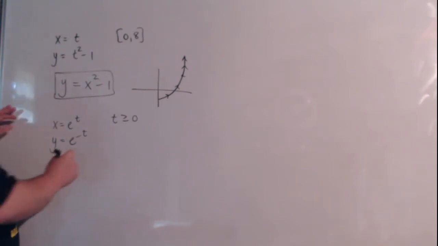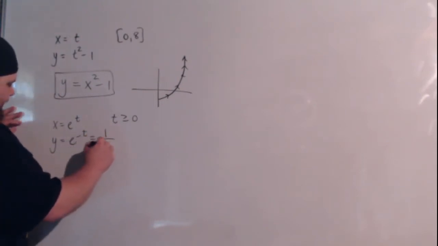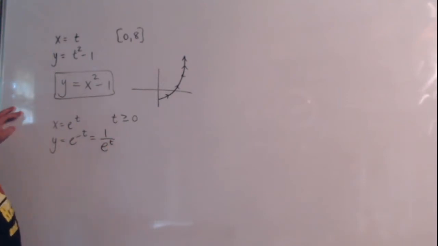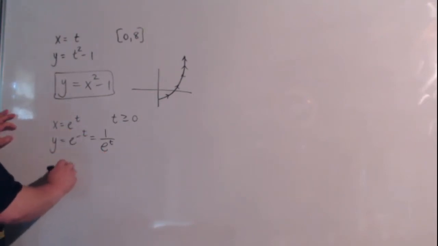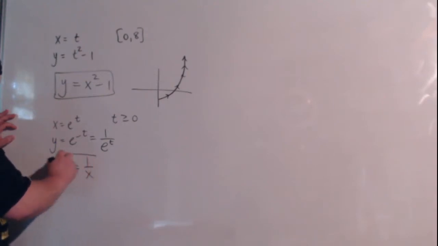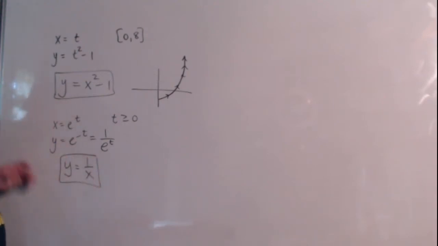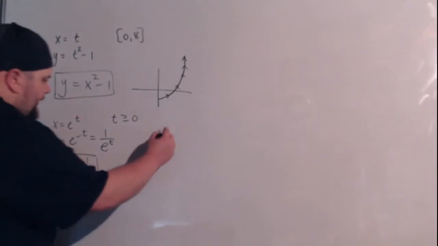The first thing I decided to do was change this into 1 over e to the t. And so now if x is equal to e to the t, this should be clear that this is equal to 1 over x. So the equation is y equals 1 over x. We can plot that quite easily.